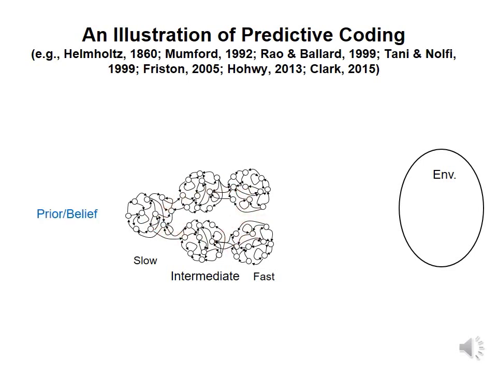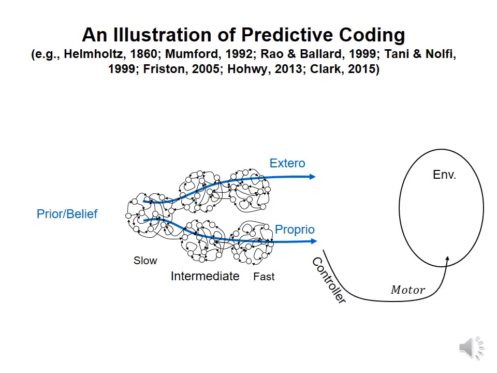We have a prior belief in the beginning, and it has the top-down pathway predicting both exteroception, the vision, and proprioception. Prediction of proprioception means almost like predicting the next joint angle in the case of the robot, and that is fed into the controller, and the necessary motor torque is computed and acts on the environment, causing a state transition in the environment and generating new sensation. So both exteroception and proprioception.